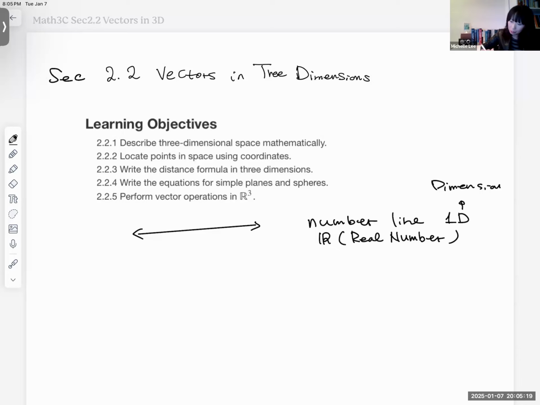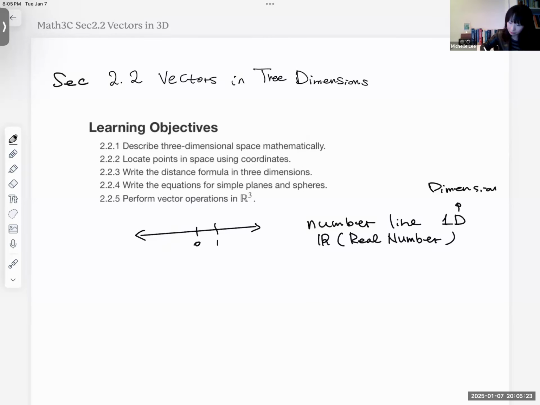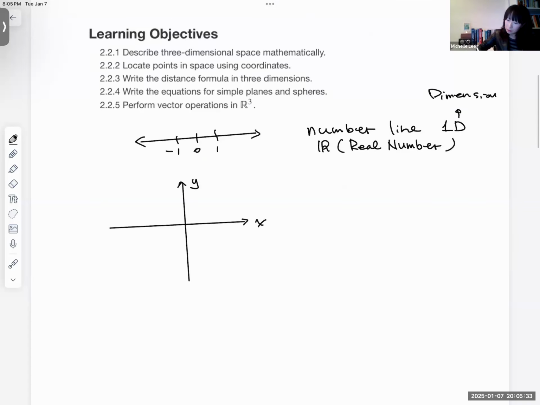All right, then 2 dimensions: the XY plane. This is the XY plane, 2 dimensions, right? Or we say the Cartesian coordinate system.